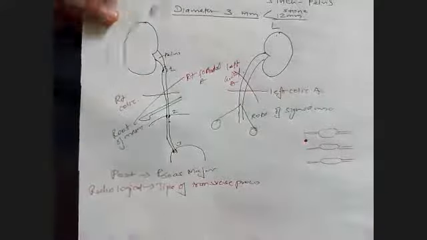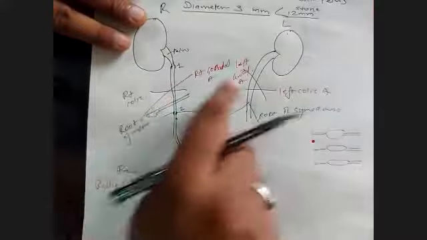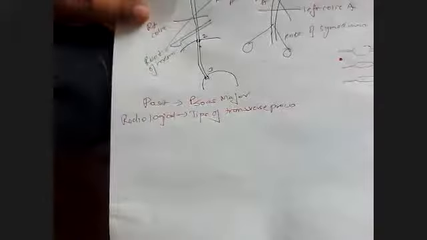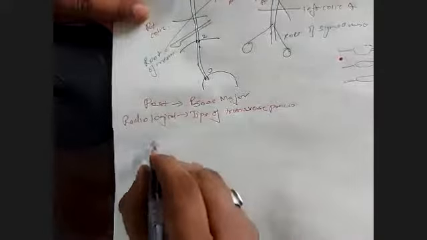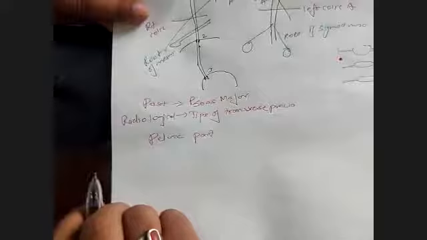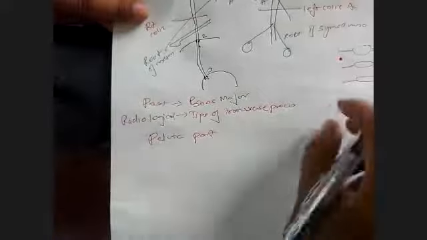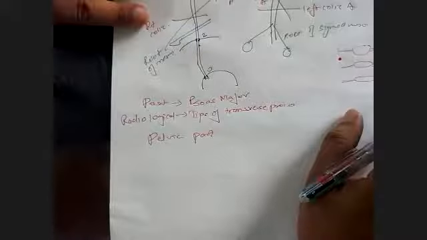So these were the relations of the abdominal part. Anteriorly right colic, left colic, root of mesentery, root of sigmoid mesocolon, right gonadal, left gonadal; posteriorly psoas major, tips of transverse processes, genitofemoral nerve. Now let's talk about the relations of the pelvic part. In the pelvic part, it has a downward course and then a forward course.